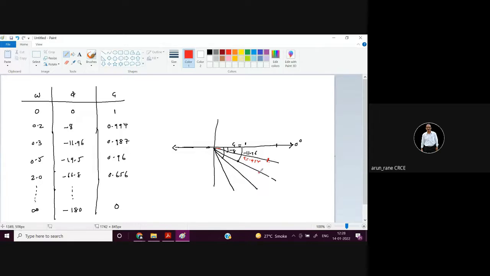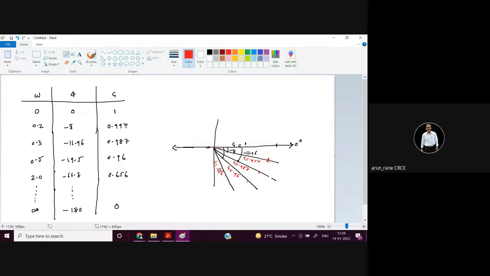Then on minus 19.5 it is 0.96, so it comes further inside, G is equal to 0.96. Then minus 66.8, so 0.656. So this is G is equal to 0.656.